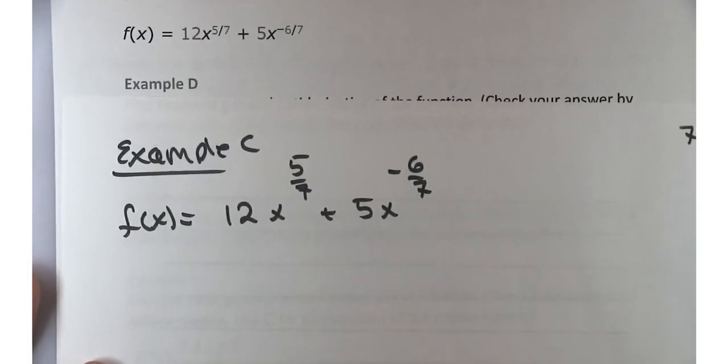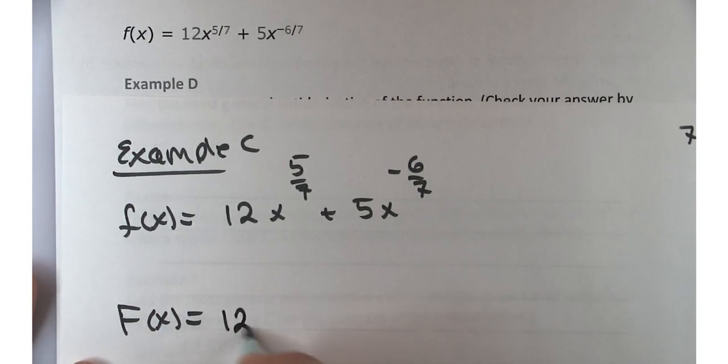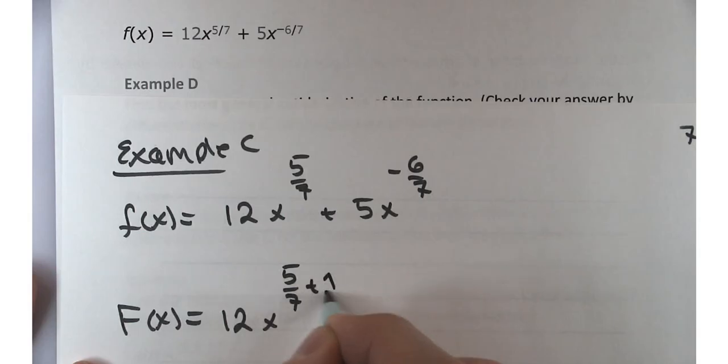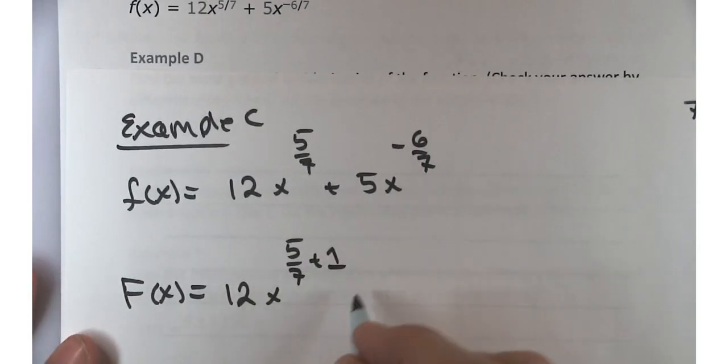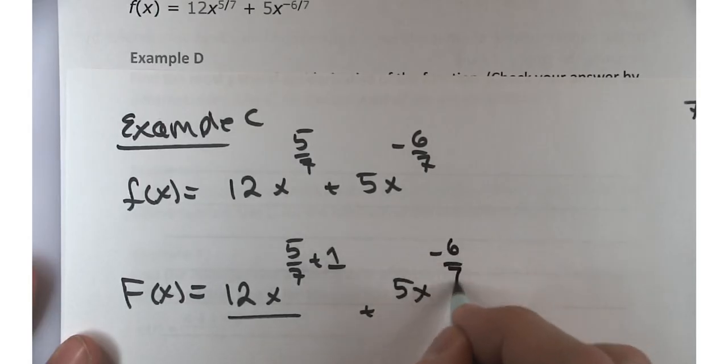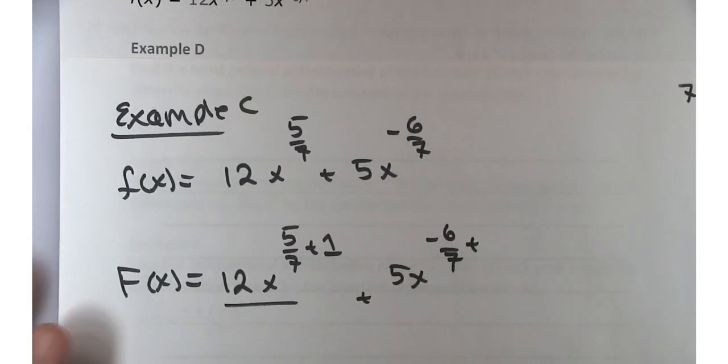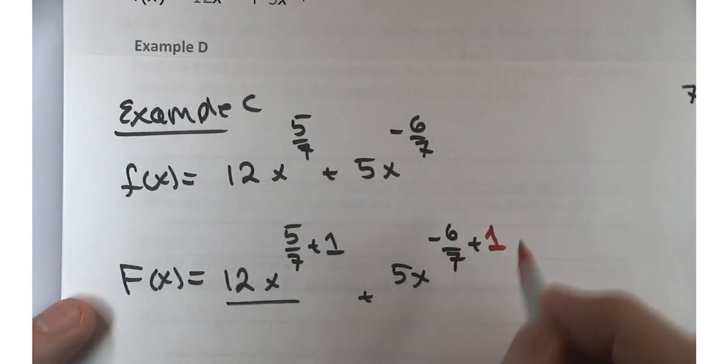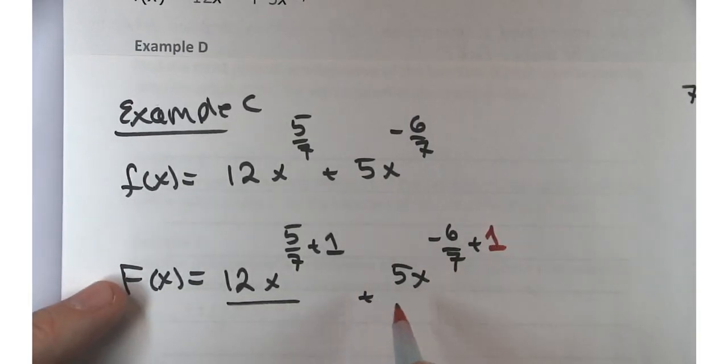We want to find the antiderivative, so F of x is 12x to the 5/7 plus 1 divided by something, and then 5x to the negative 6/7 again plus that 1. And we're going to divide by that same exponent.